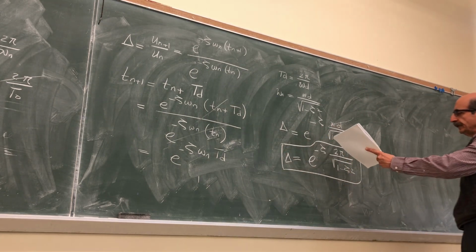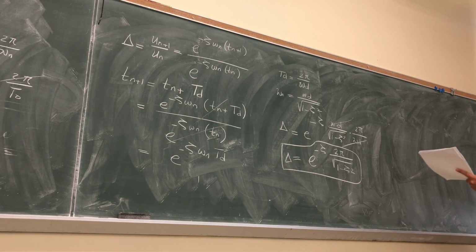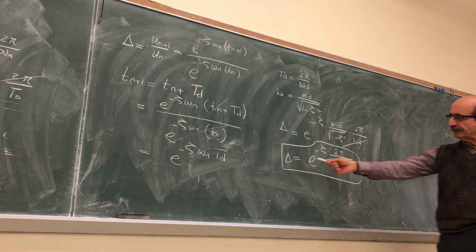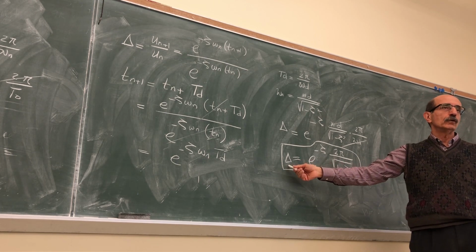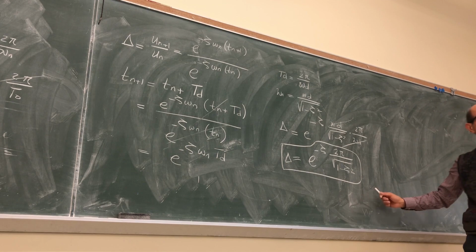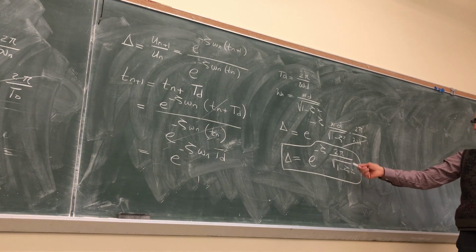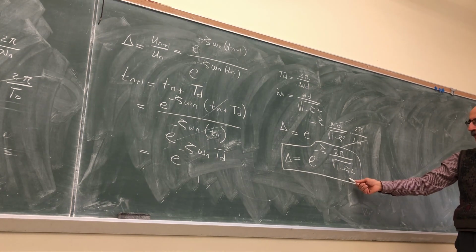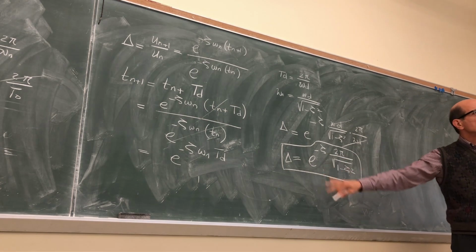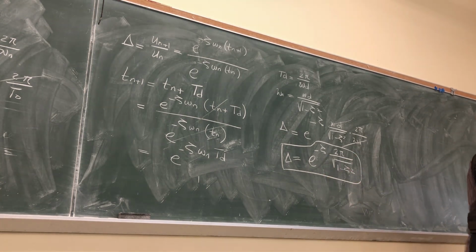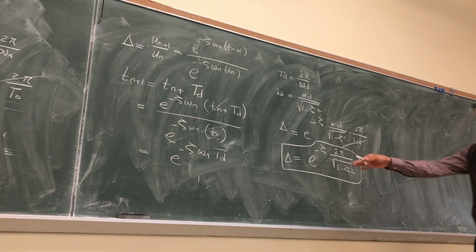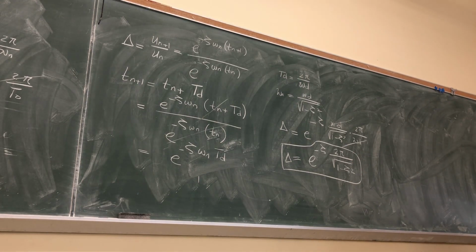What this relationship tells me, or you can write it the other way, is that as long as you can measure this ratio, you can directly find zeta. But I don't like this. It's maybe too complicated, not a direct or easy relationship.